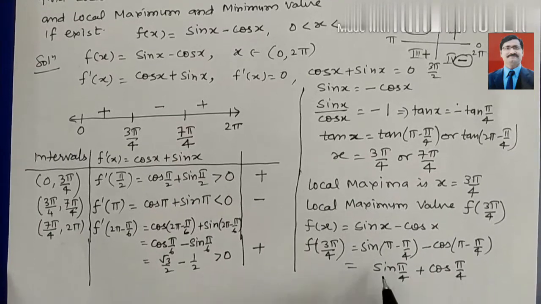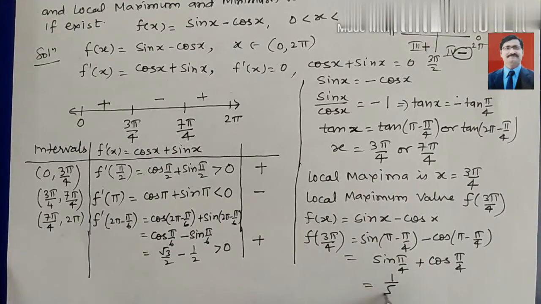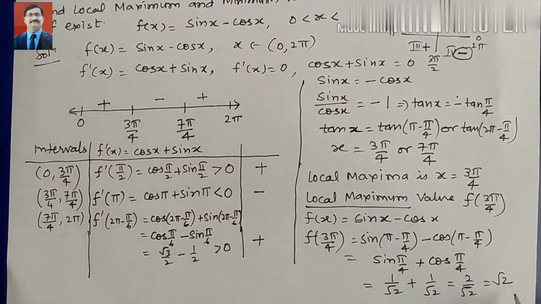Sin pi by 4 is 1 upon root 2, and this is also 1 upon root 2, so 2 upon root 2 gives root 2. So the local maximum value is root 2.